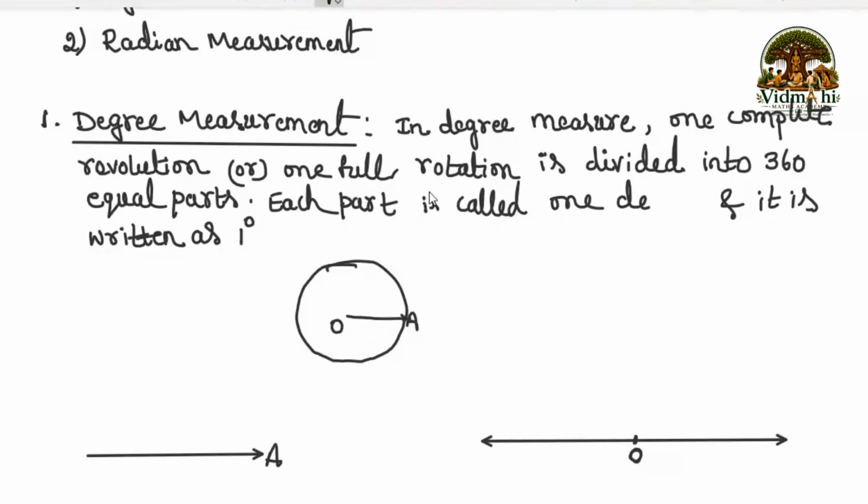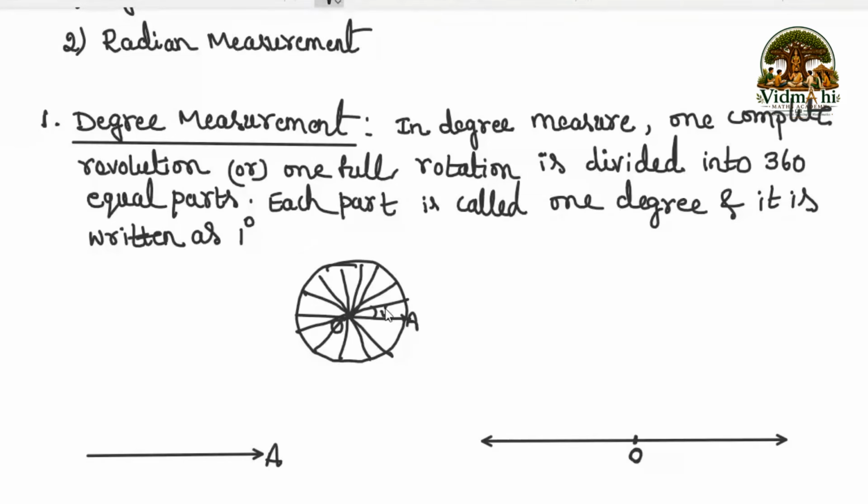One full rotation is divided into 360 equal parts, and each part is called 1 degree.